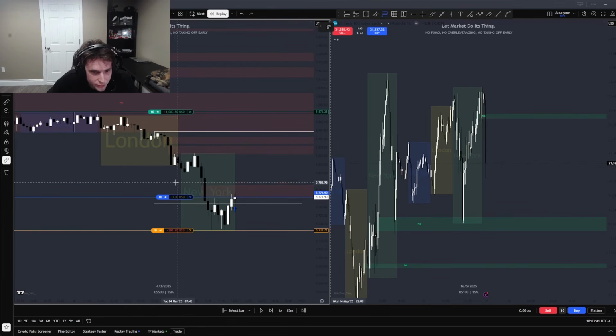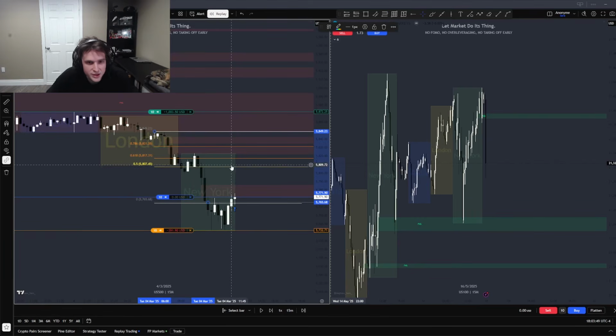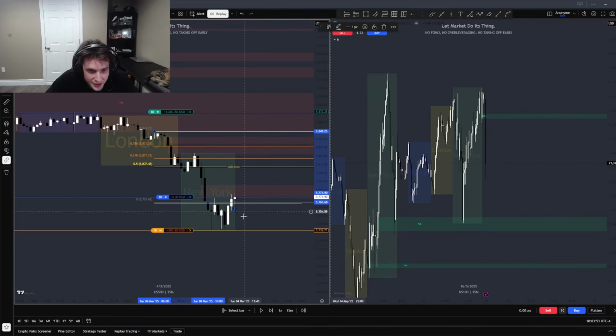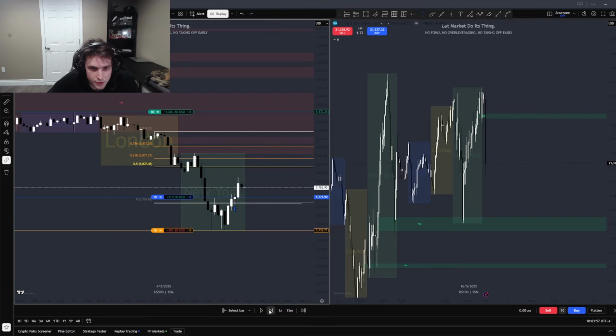So the 4-hour candle is from 6, which is here, to here. So equilibrium is here. So if price hits here, this is where you want to go break even. Okay, that yellow line. Let's see. Good. It hit it, but it didn't close above it.